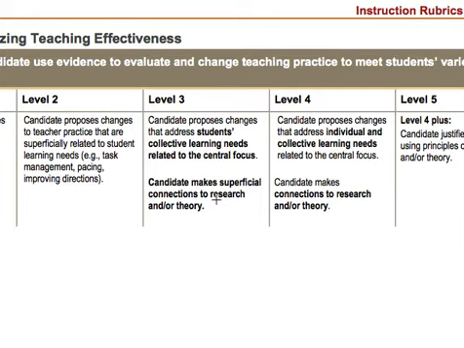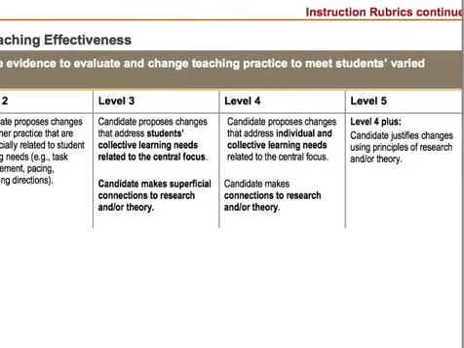You make some very sketchy, superficial connections to research and theory. Easy to do. Level 4: now you're starting to talk about individuals and groups of students, and you are making stronger connections to research and theory. Level 5: everything you say is couched in theory. You're using a concrete theoretical framework to suggest everything that you're going to be doing.